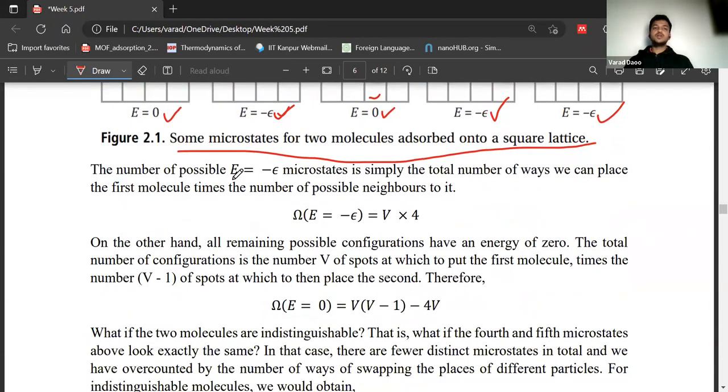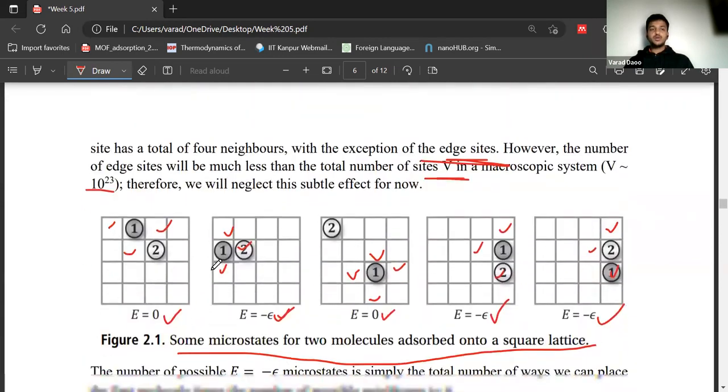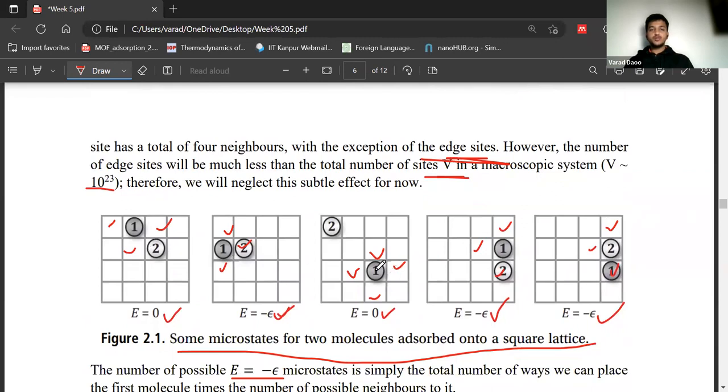So the number of possible microstates for energy equal to minus epsilon is simply the total number of ways we can place the first molecule, which will be V, multiplied by the total number of possible neighbors to it, which is 4. Because for each molecule, let's say we put the molecule in here, the total number of ways of putting the second molecule will be either this or this.